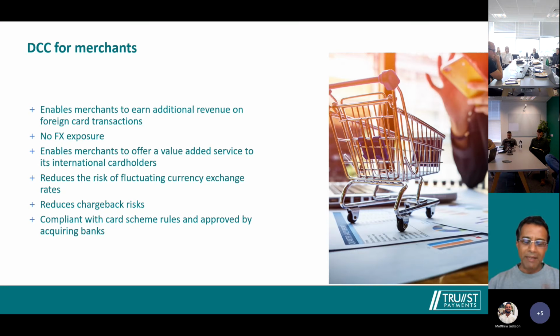Apart from the wider laws and regulations of the EU and the UK, we have to go through the scheme rules, and schemes make sure we're compliant before we can offer the DCC service. So in reality, the merchant doesn't have to do anything. It's just available.